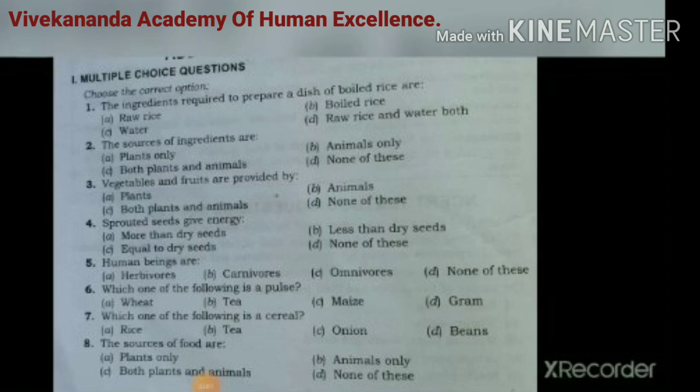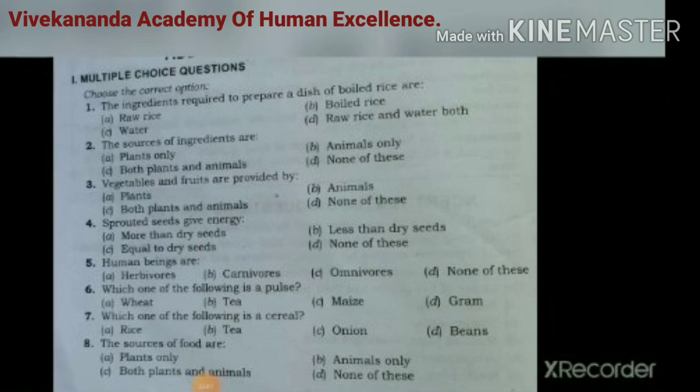Third question: vegetables and fruits are provided by plants, animals, both plants and animals, none of these. Vegetables and fruits we are getting from plants, so option A is correct, plants.